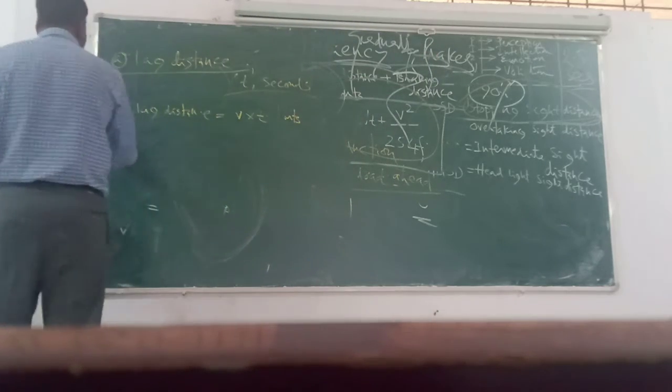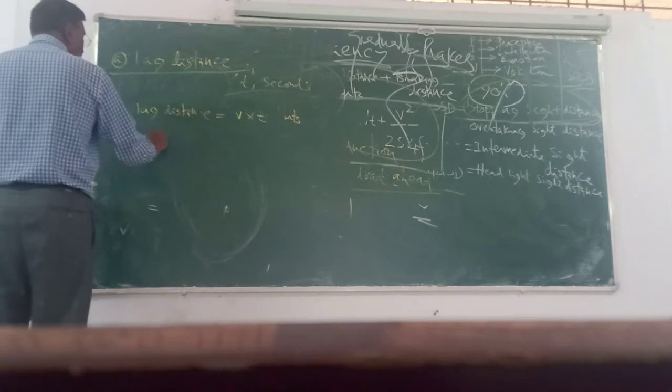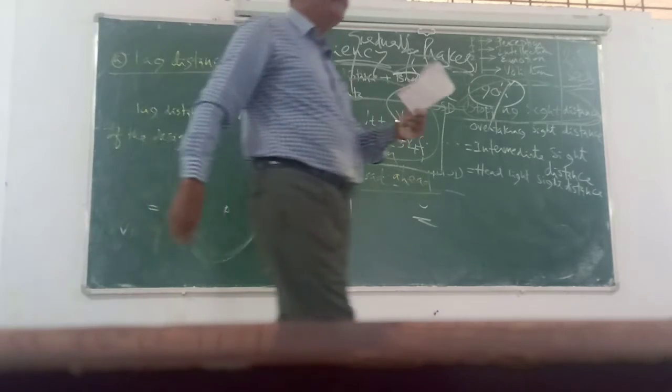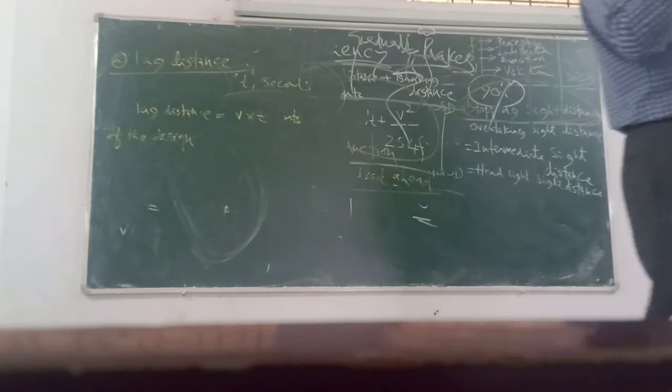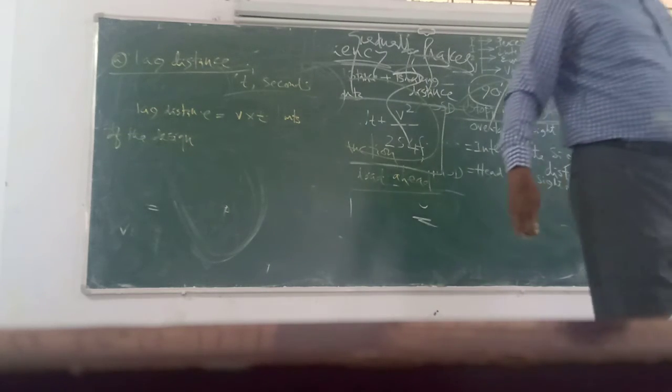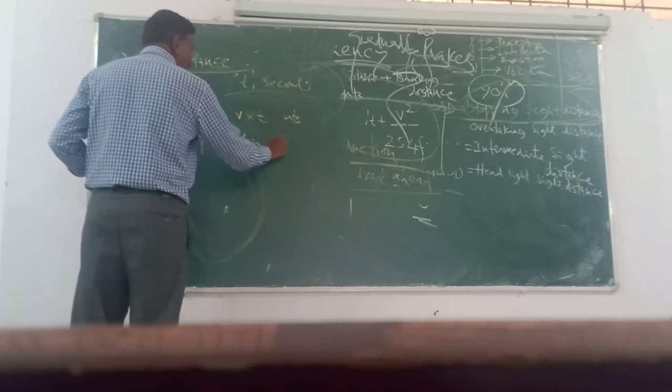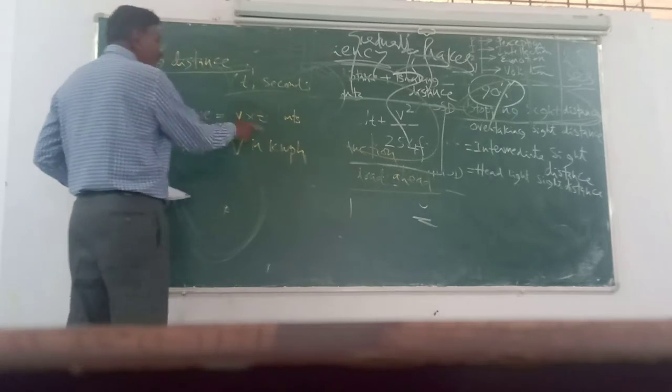If the design speed is in big V, design speed big V in kilometer per hour, but this is meter per second.